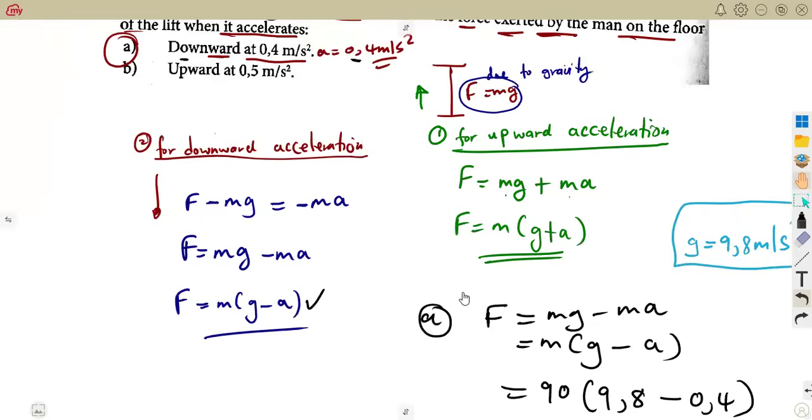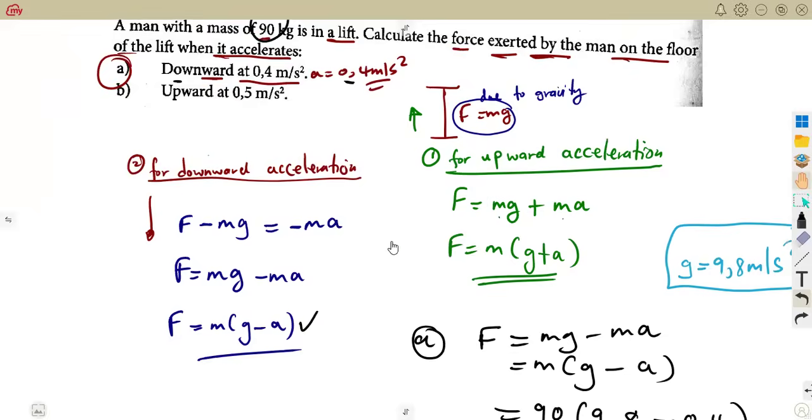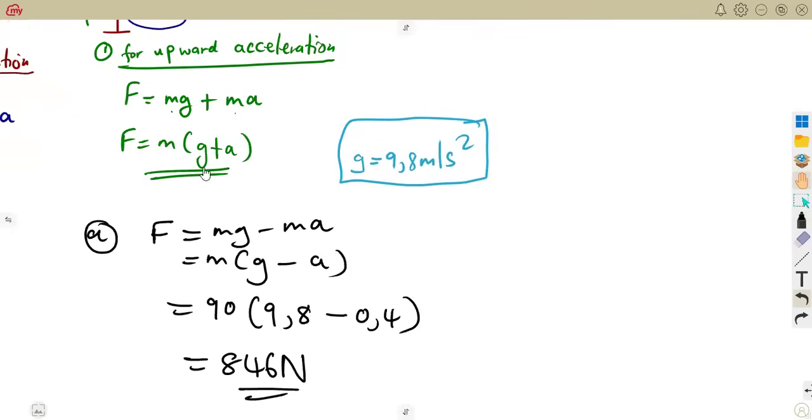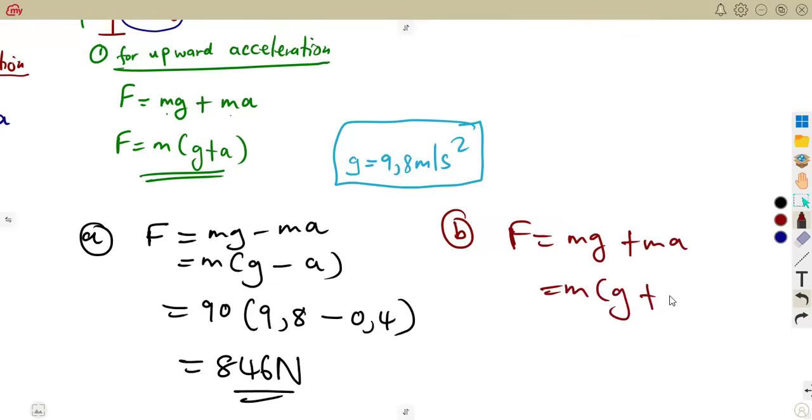And let's consider another part, upward. When it is going upward at 0.5 meters per square second, meaning to say we are going to consider this one for upward. So for upward, our F is equal to what? As we saw, guys, at the end we end up with this: mg plus ma. Let me just write m into g plus a. This one is just a repetition.